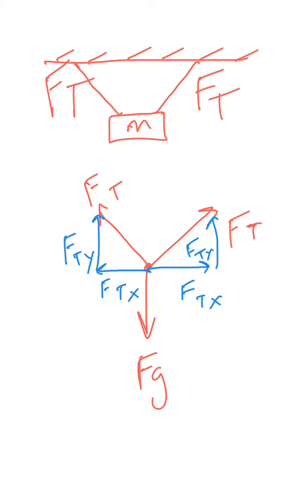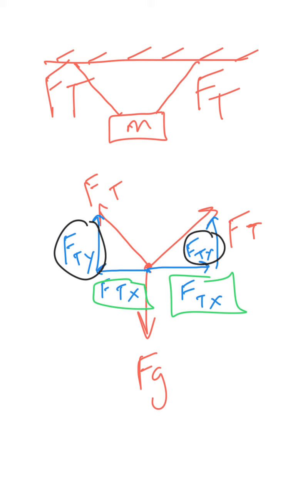Circled in green, Ftx equals Ftx. Those two Ftx's are the same. Now, circled in black, we're going to have Fty plus Fty equal to Fg. These two y forces are going to add up because they're both pointing up, and they equal that Fg.